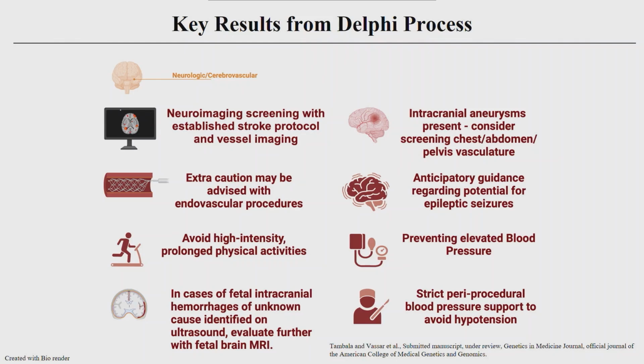Of course, when intracranial aneurysms are present, consider screening all the other vasculature, like chest, abdomen, and pelvis. Provide anticipatory guidance regarding potential epileptic seizures, as we heard this morning, prevent elevated blood pressure, and, of course, provide strict peri-procedural blood pressure support.